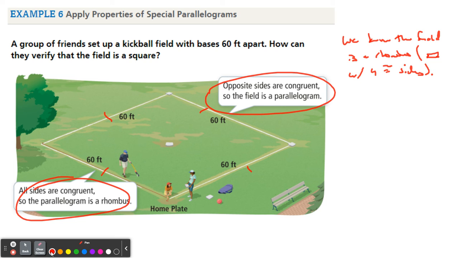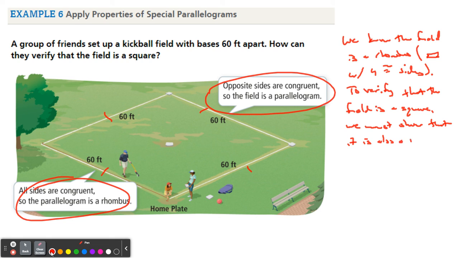Okay. So how are we to verify that it's a square? To verify that the field is a square, we must show that it is also a rectangle, because a rhombus and a rectangle make a square. So what is the property of a rectangle? Well, it would be the fact that the diagonals must be congruent.